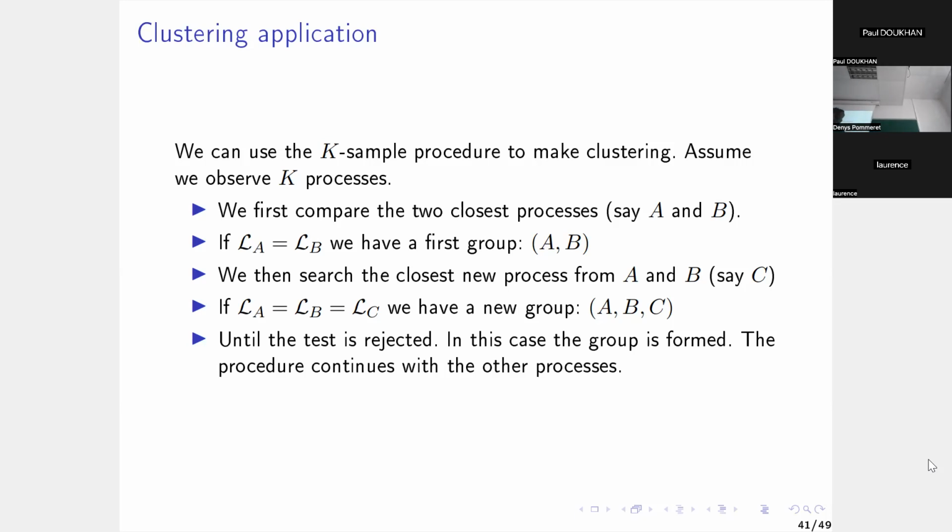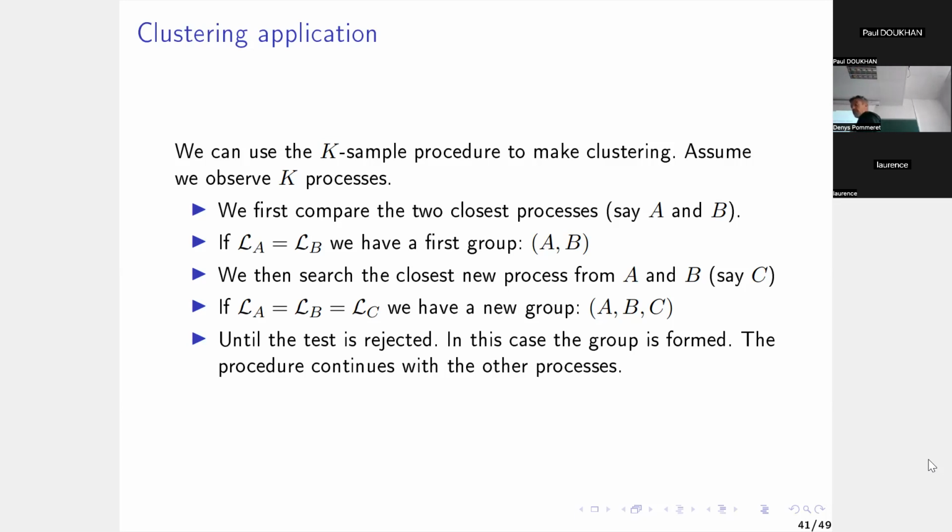So I use the minimal statistic, say process A and process B. It means that they are very close, or not. But then I compare their whole distribution with the test 2 by 2. If I do not reject this equality, I have the first group because they are the same.